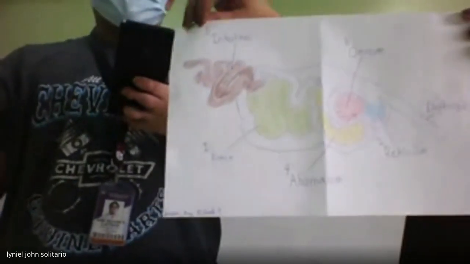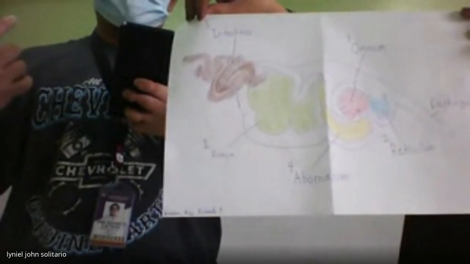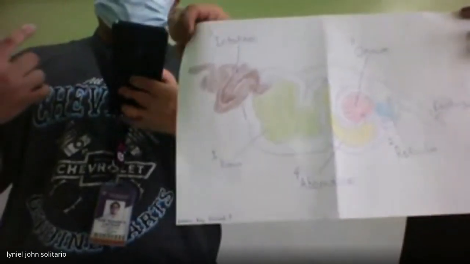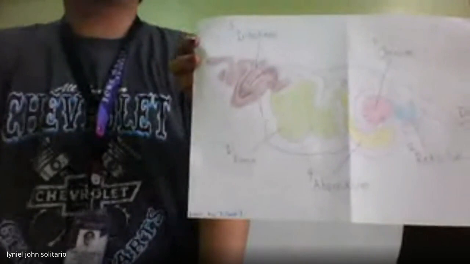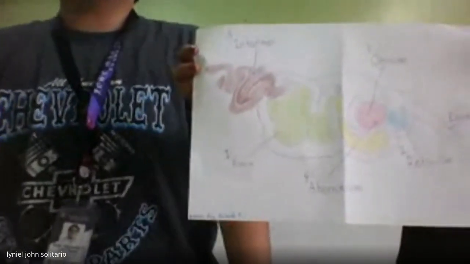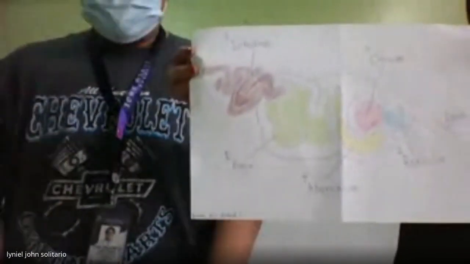The plant matter and the saliva will travel down the esophagus to the rumen. The esophagus performs peristalsis. If you remember, peristalsis is the involuntary movement of the esophagus helping food travel down to the stomach.